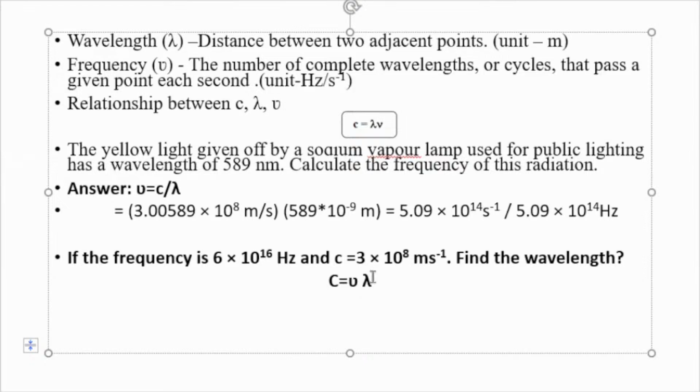So we need to make lambda the subject. Subject means we need to take it to the other side of the equals sign, isolating it alone. If we isolate lambda, we get C over mu is equal to lambda.